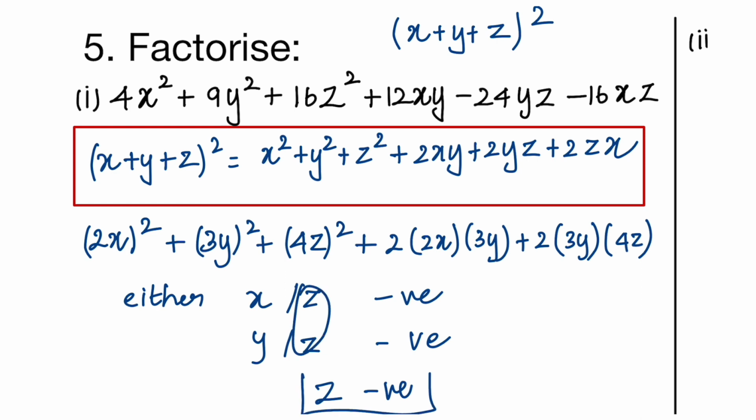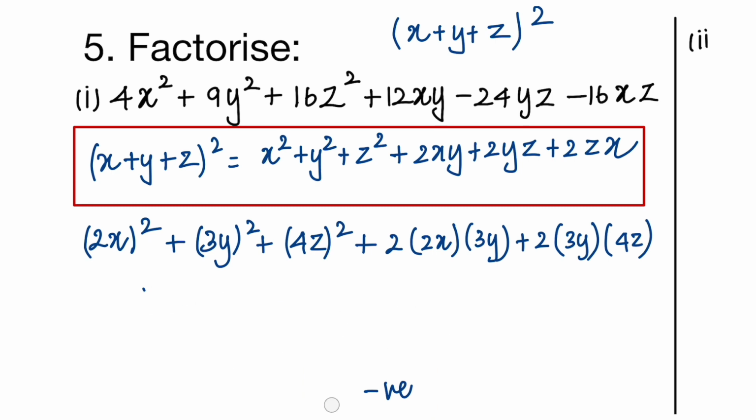So z is the negative term here. So it's not 4z the whole square, it should be minus 4z the whole square. These kinds of things you cannot know right when you start the question. It comes out when you try to solve it only. So here it is not 4z, it's minus 4z.